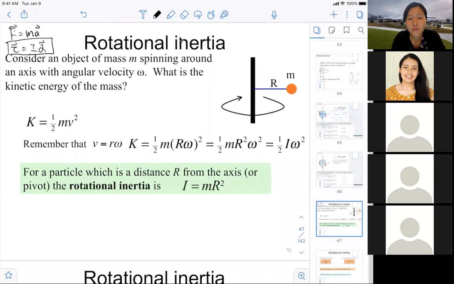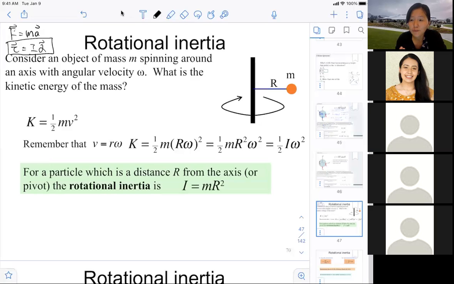So since rotational inertia represents basically what mass represents in Newton's second law, we think about, okay, what does that mean? What does it mean to have more mass? Newton's second law says if you have more mass, to achieve a certain acceleration you need more force, right? So same idea here.